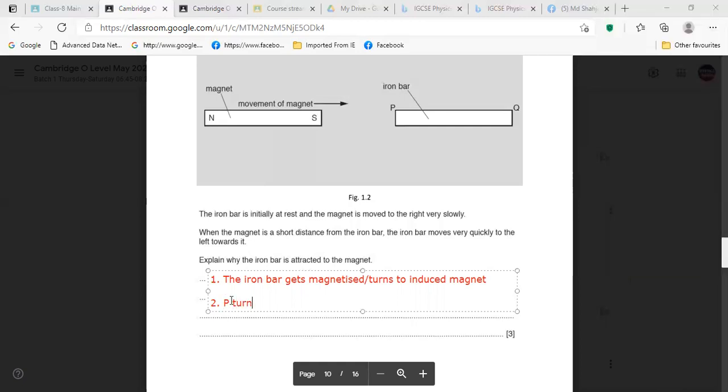P turns to north pole and Q turns to south pole.